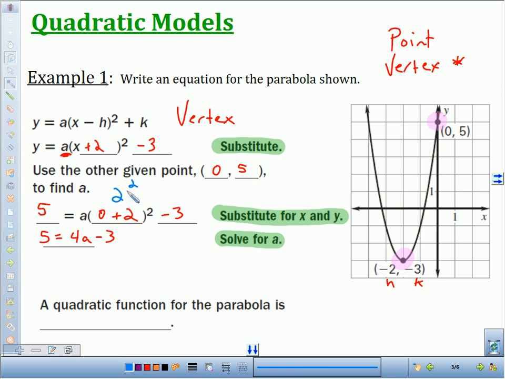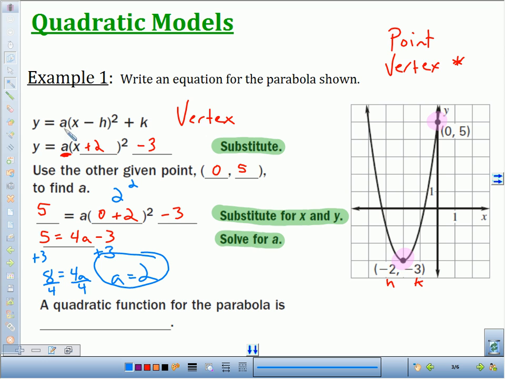So it's a times 2 squared, which is 4a, minus 3. Now we should be able to solve this equation pretty easily and get 8 equals 4a. So a equals 2.